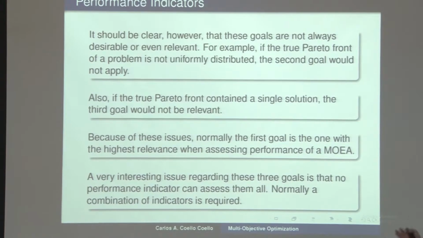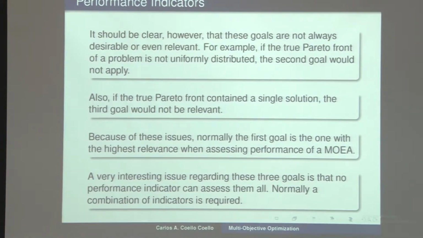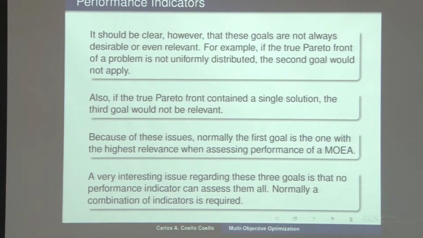Because the true Pareto front is not like that. Also, what if the true Pareto front contains a single solution? So the spread will make no sense. Perhaps one solution is very extreme, but there are problems in which you only obtain 2, 3, 4 solutions. So talking about maximum spread or uniform distribution doesn't really make much sense.